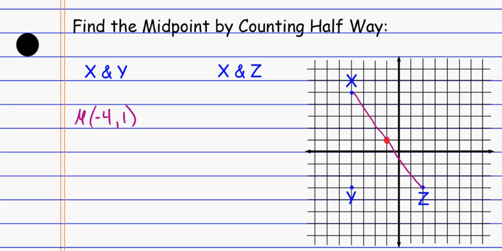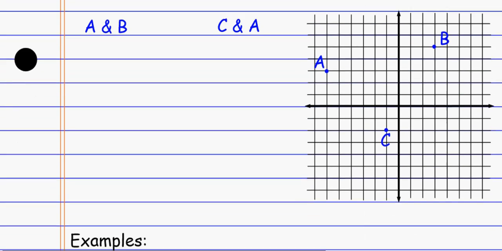And so if I use that right triangle, count how far down, how far over, or how far up, how far over, to find the midpoint, I just count half the distance down, or half the distance up, and half the distance over. Okay, and so for this one, the midpoint this time looks like -1, 1. And that's it. So I count to the midpoint by counting halfway. And yeah, if I have to count in 2 directions, I count halfway in both those directions to get the midpoint.